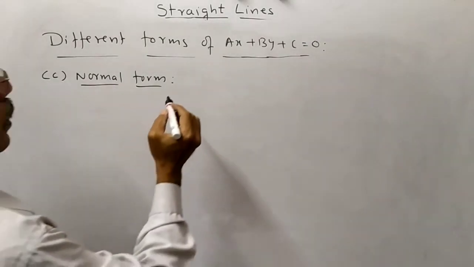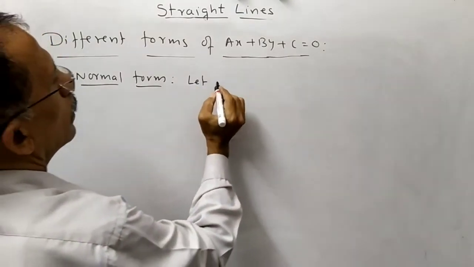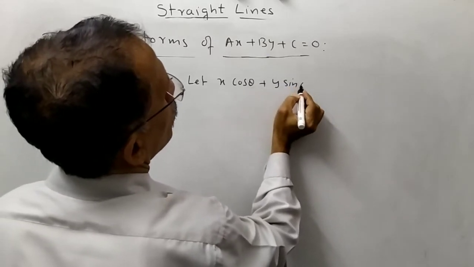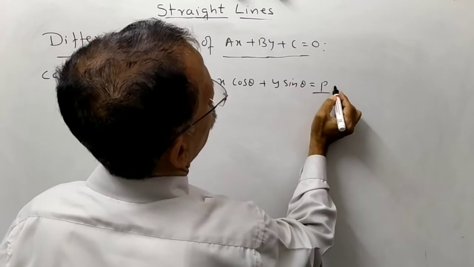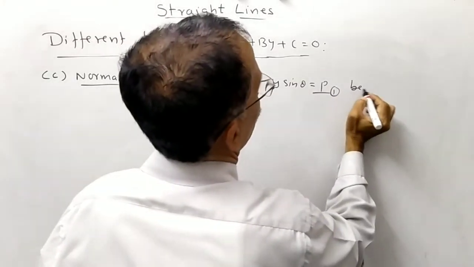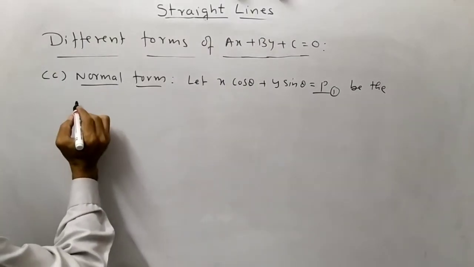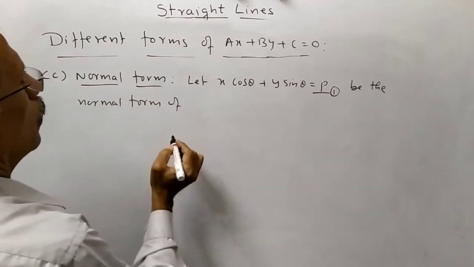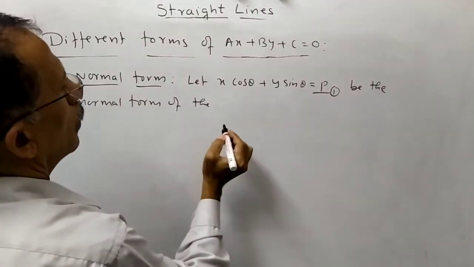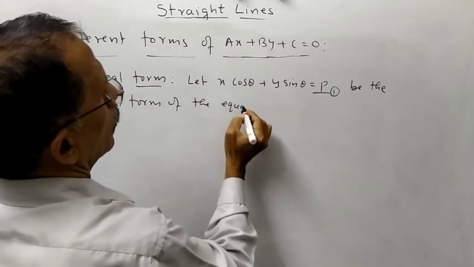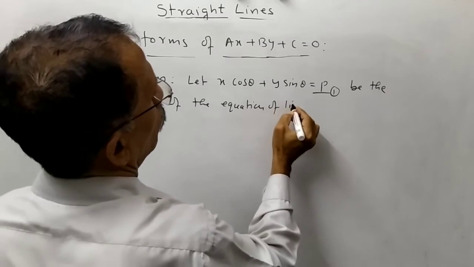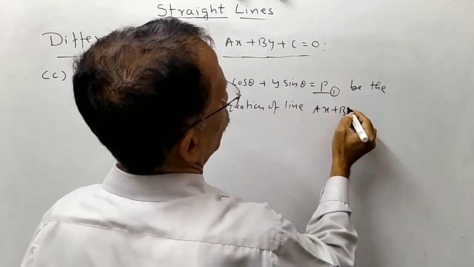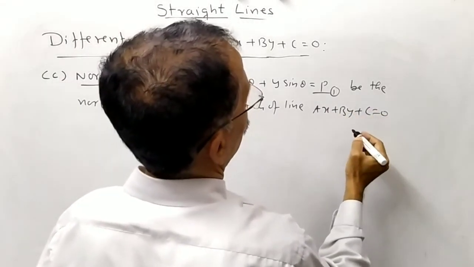Normal form. Let x cos theta plus y sin theta is equal to p, say number 1, be the normal form of the equation of line ax plus by plus c is equal to 0.